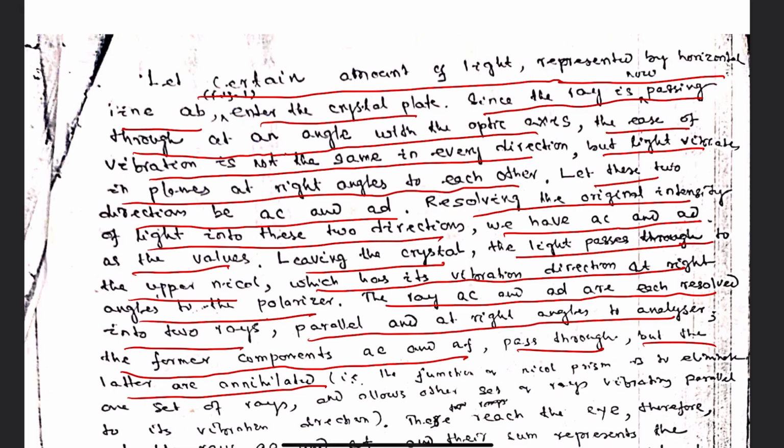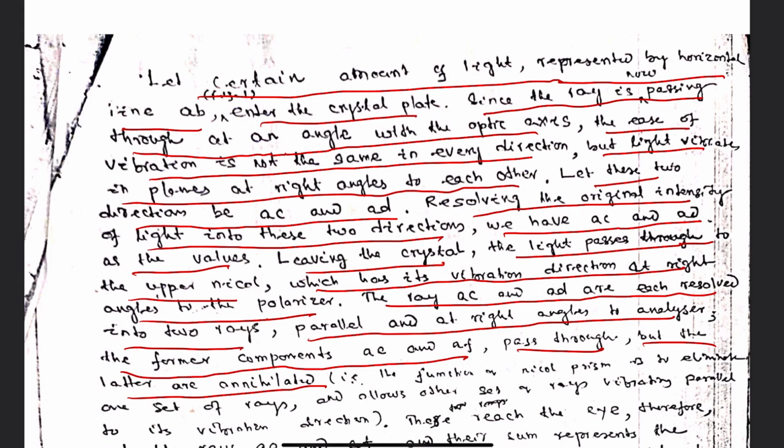That we know. The very function of the analyzer or polarizer is that it will eliminate one component, that is the ordinary component, and allow the extraordinary component to pass through, which vibrates parallel to its vibration direction.